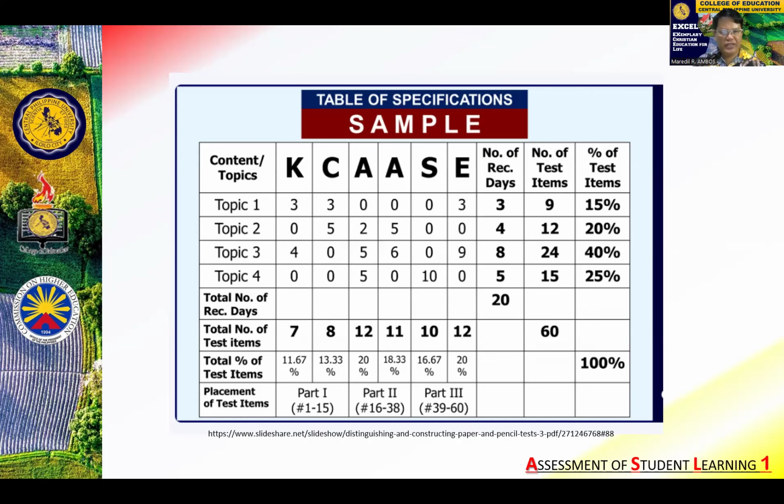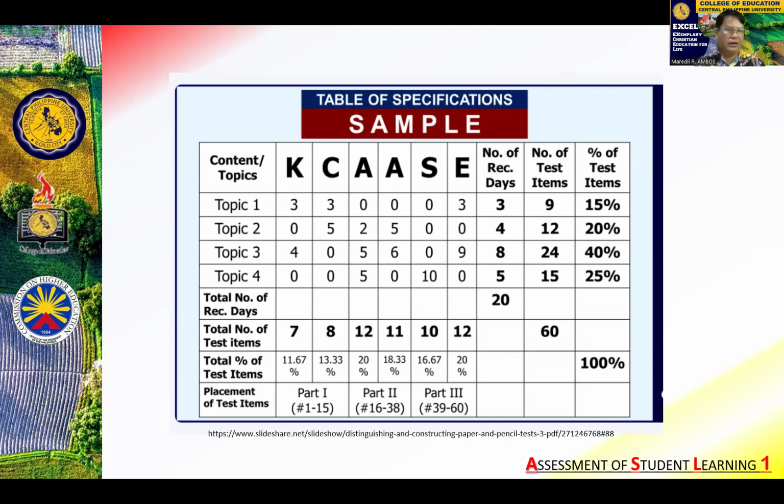So the next thing that we need to have is the placement of test items. This test, which consists of 60 items, can be divided into 3 parts. Supposing part 1 is test 1, which is multiple choice. So you have items 1 to 15. Now for part two, you have 16 to 38.